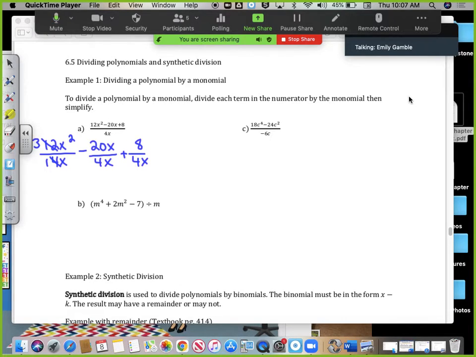X squared over x to the first power. We can use the quotient rule. There's 2 up top, 1 on the bottom. 1 on the top will cancel out with this 1 on the bottom, so this will go away, and I'll be left with just x to the first power at the top. So this ends up simplifying to just 3x over just 1, or just 3x for the first one.